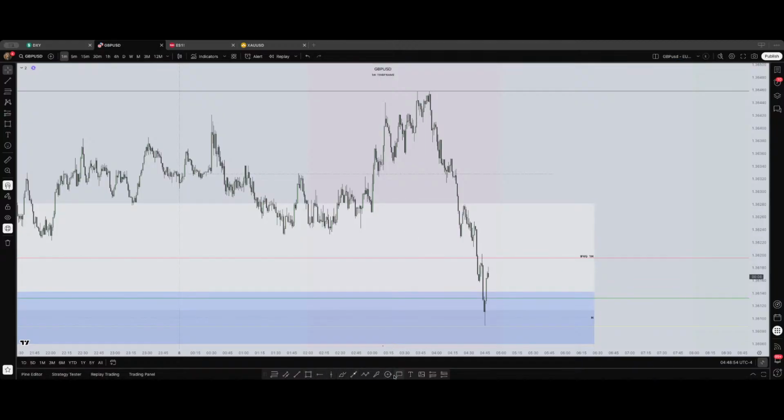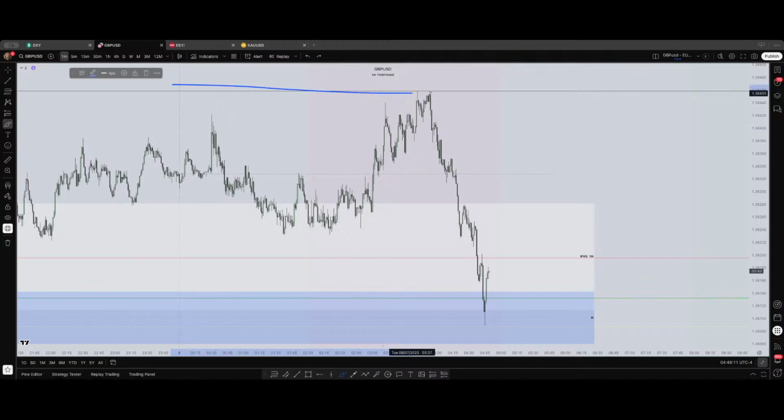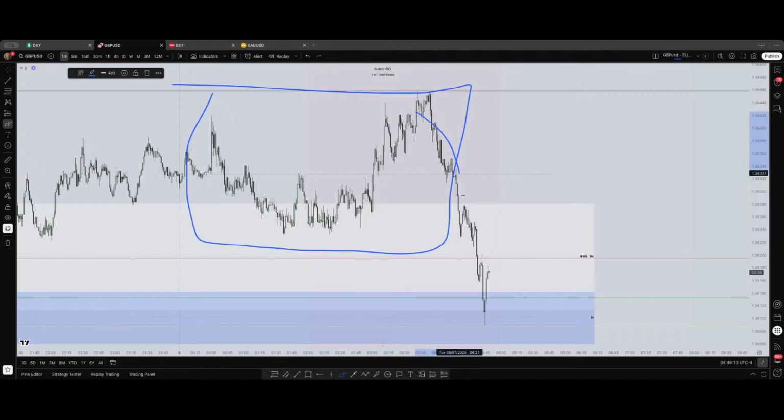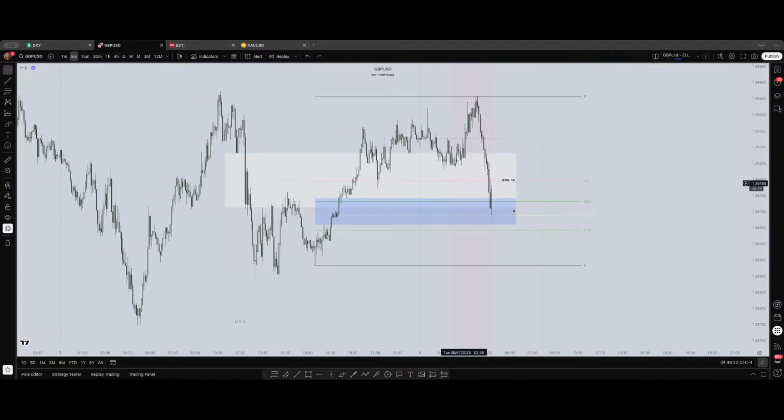So this is a 1 minute fair value gap, 1 minute time frame, sorry. All this is accumulation, manipulation, and then distribution. Sorry guys, I'm a bit sleepy. The power of 3: price opens, accumulates, then manipulation, which makes sense because it went to the lower part of the range of this Fibonacci.